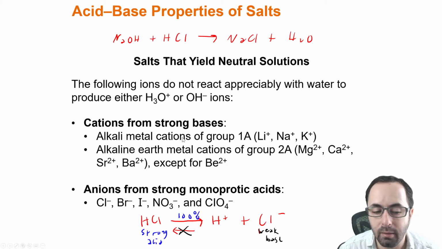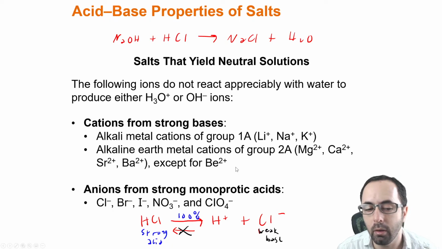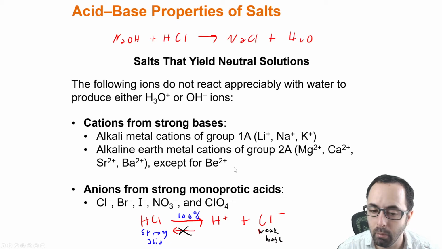But these anions, these negative ions, are the anions that are the conjugate bases of strong acids, so they themselves are terrible bases. And all of these group 1 and group 2 cations, they are not good acids. We are going to see other cations that are decent acids. So let's move on.